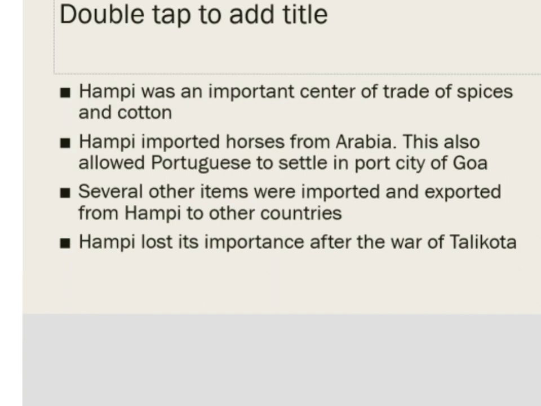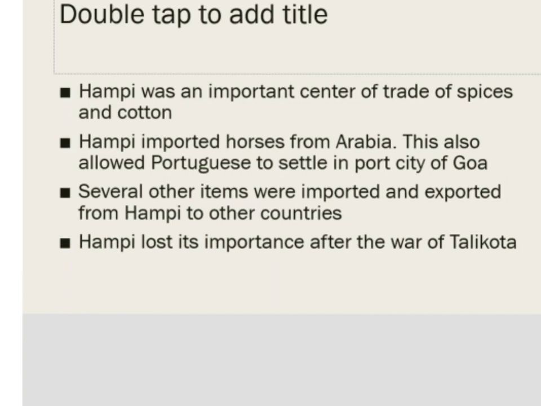So we will focus on that point. Hampi was an important center of trade in spices and cotton. It is very clear that India, from the very beginning as well as in the medieval period, has remained a center of trade, particularly of spices as well as cotton.